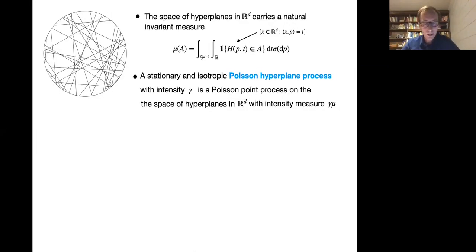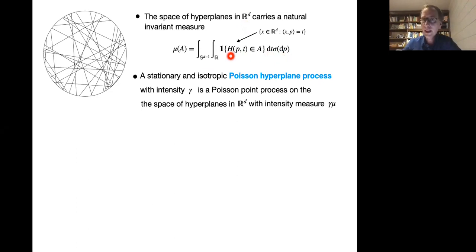We need to go to the space of hyperplanes in the d-dimensional Euclidean space. And as you know, a hyperplane is always characterized by a unit vector, so a point on the (d-1)-dimensional unit sphere, which is denoted by p here. And then you look at the hyperplane orthogonal to p at distance t.